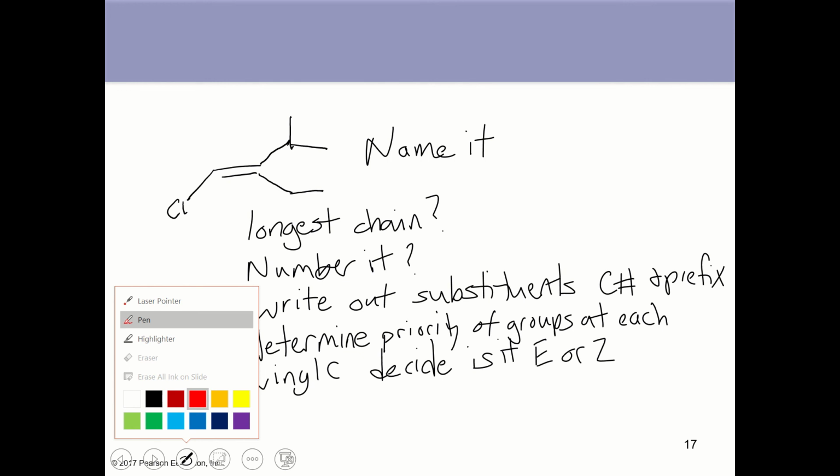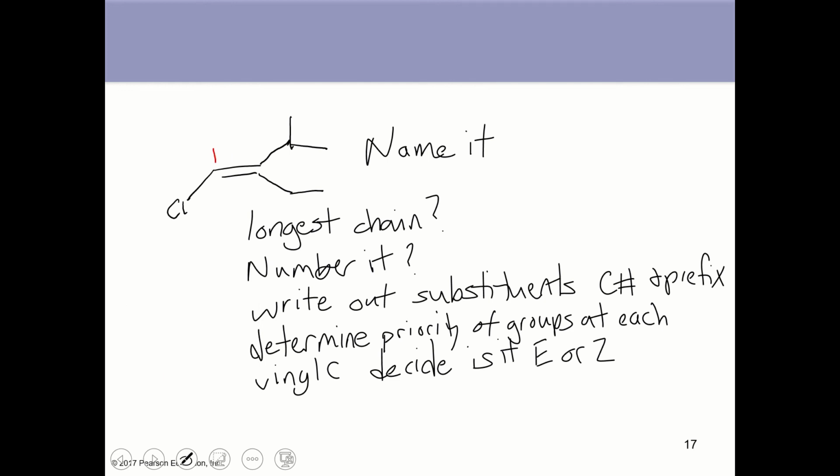I'm going to start at a carbon that is closest to a substituent. 1, 2, and we also want to pick the chain that has the largest number of substituents. 3, 4. So I've labeled my chain. I have 4 carbons. And it's got a double bond, so the suffix is going to be butene.